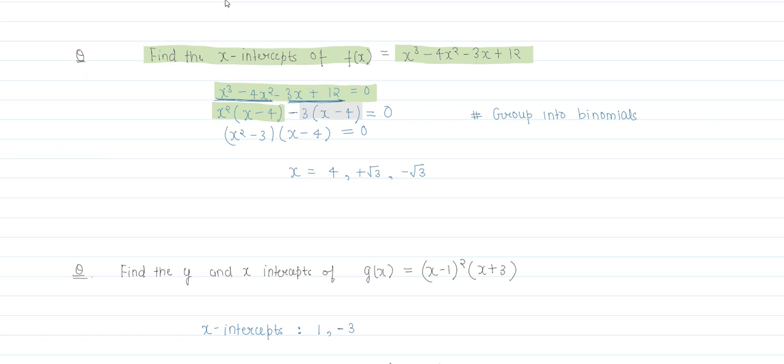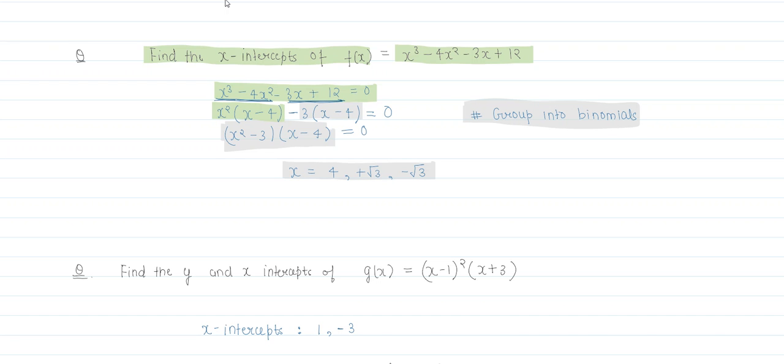We can see a pattern here, and now we can factorize them like this. Now we can find the values of x: 4, plus square root 3 and minus square root 3. So here we find that when there is no common greatest common factor, basically no monomial, we group into binomials.